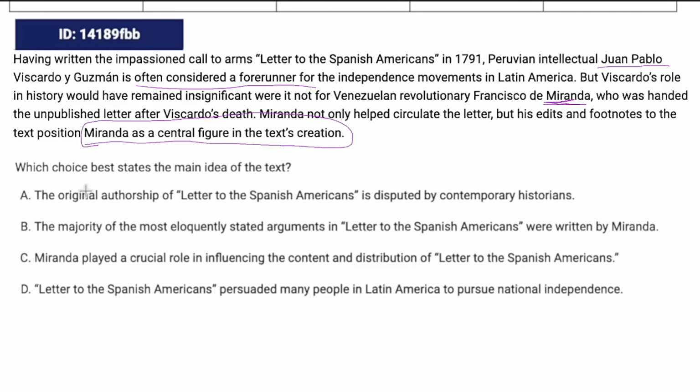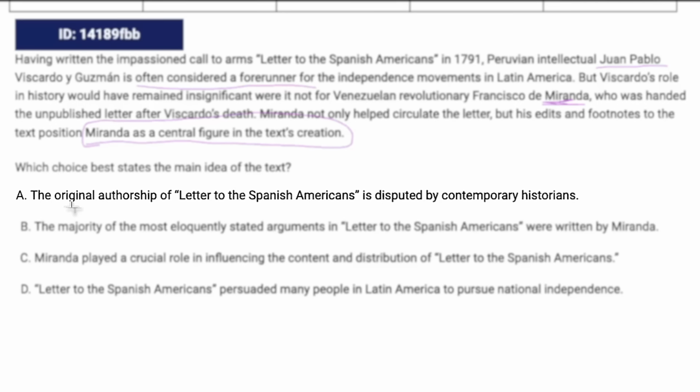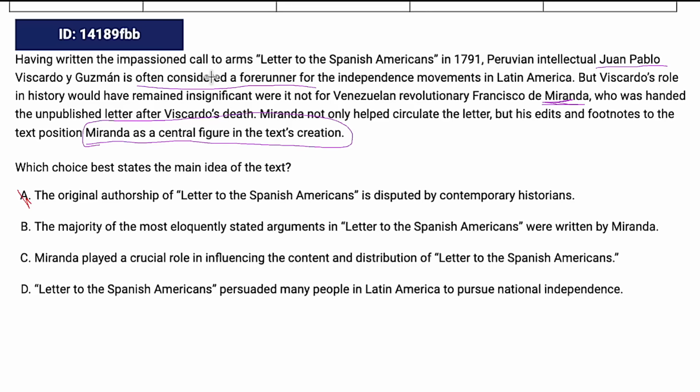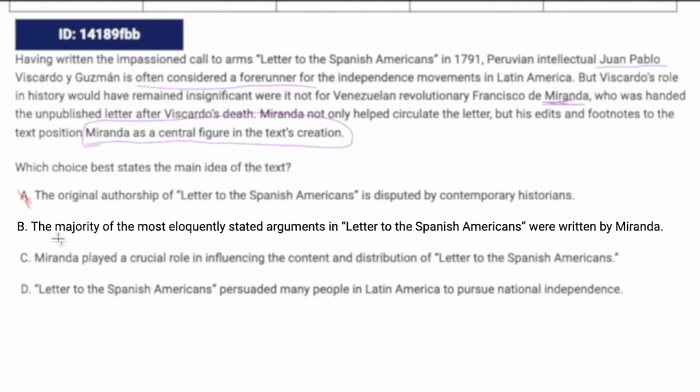So then if we go through here, we get A, the authorship is disputed. No, it doesn't really talk about that. It does say that the other guy is often considered a forerunner, but it doesn't say that anybody is contesting Miranda's influence per se. B, the majority of the most eloquently stated arguments in this letter were written by Miranda.